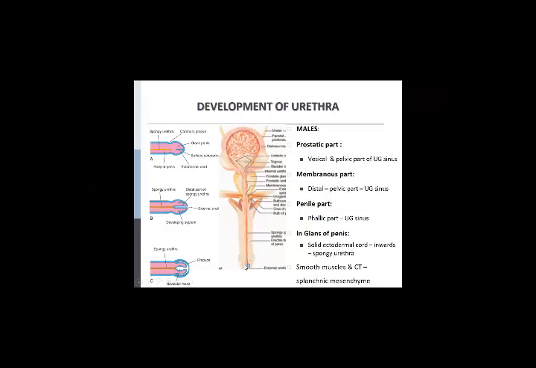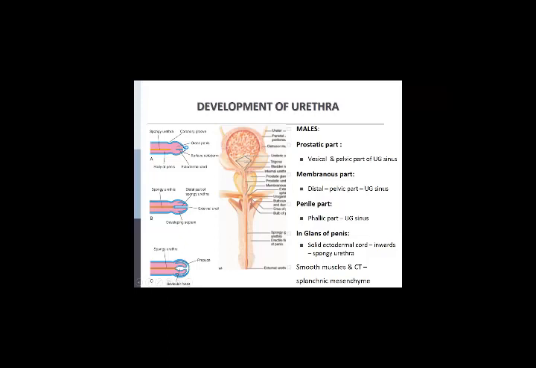Now comes this terminal part, the dilated part, fossa navicularis. How does this develop? Now, this is the glans, the terminal part. What happens is, from the tip of the glans, ये सारी surface ectoderm.